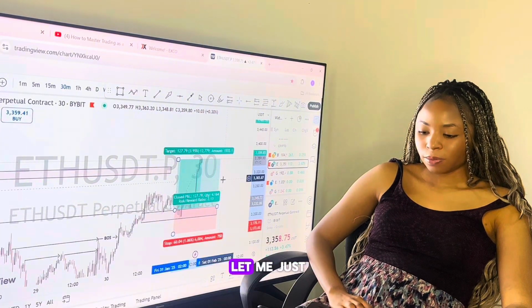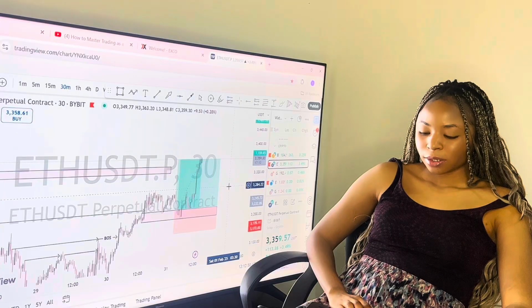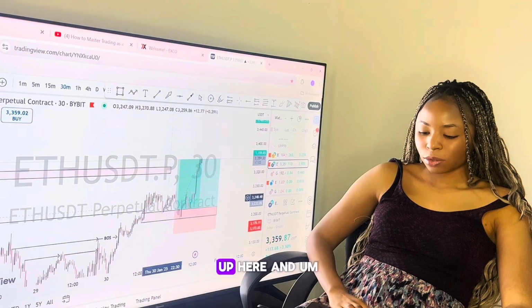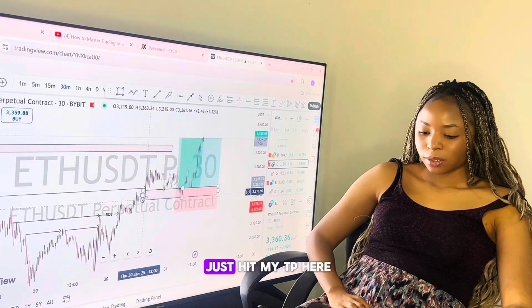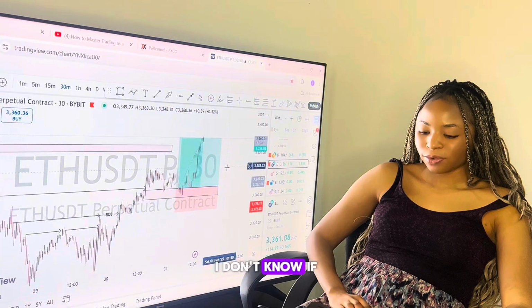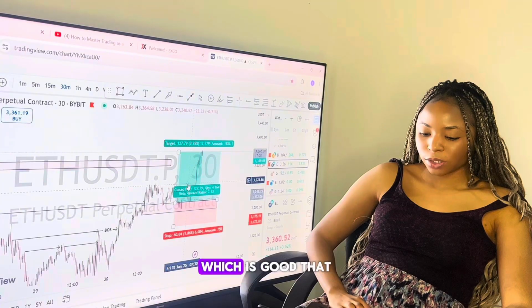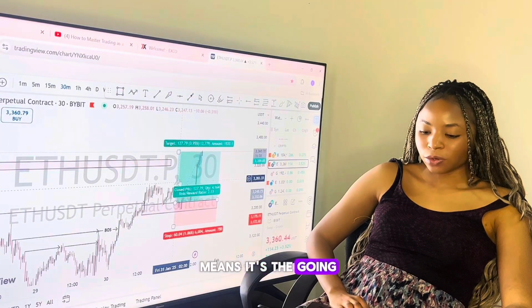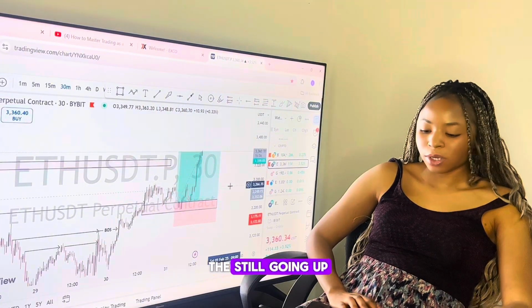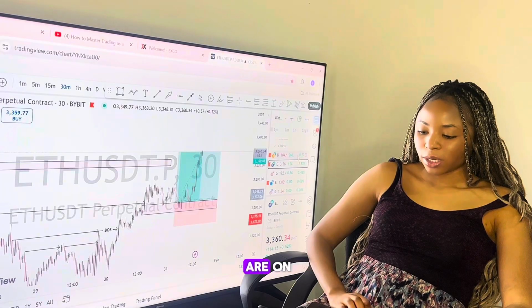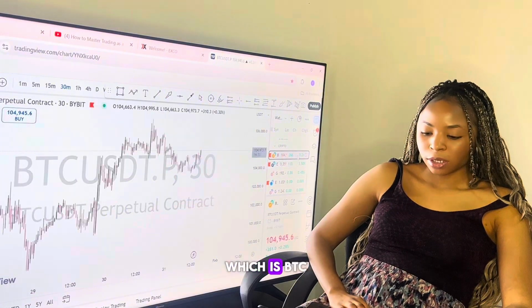So I just took a setup here and hit my TP. I'm noticing a breakout structure here, which is good. That means Ethereum is still going up, but let me just focus on the one we are on, which is BTC.